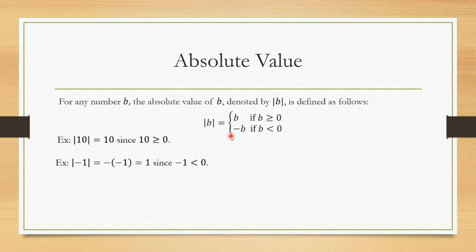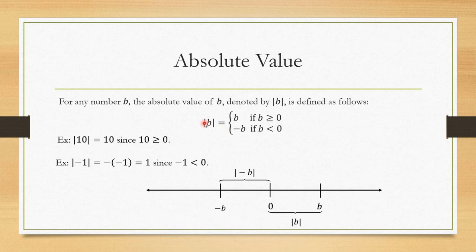To make it a little bit easier, let's look at this in another way. We can think of absolute value as distance along the number line. In other words, the absolute value of that number b, whatever it is, is its distance along the number line from 0.